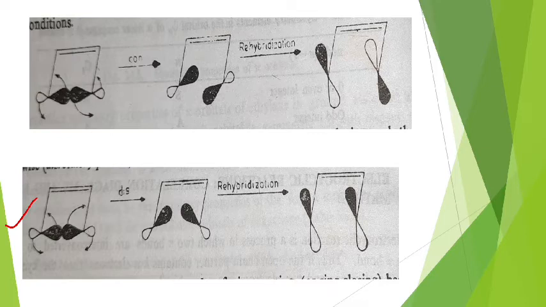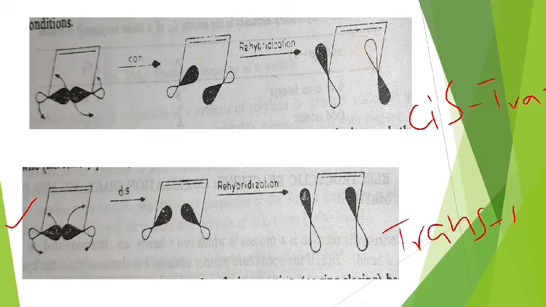In conrotatory mode, if we get the cis,trans diene, then in disrotatory mode we get the trans,trans product. So finally the stereochemistry of the product depends on the type of rotation, whether it is conrotation or disrotation.